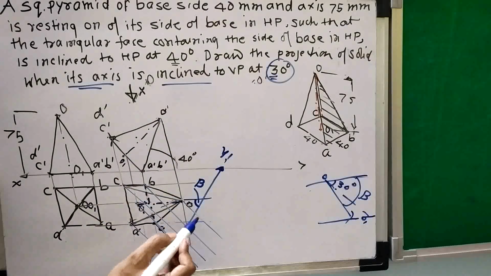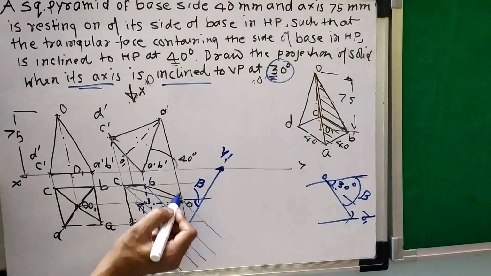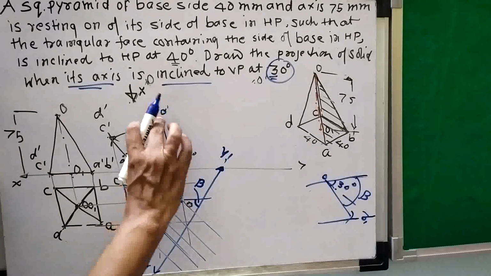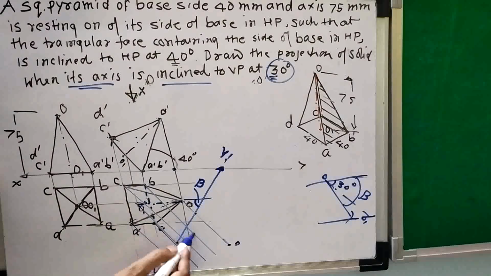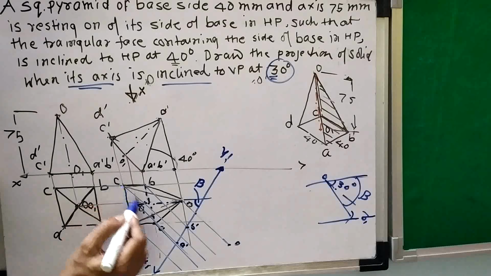For example, for O, I will take this distance in the compass and from this I will mark. So I will get O. A is on XY, so it will be on XY. So this is A dash. Then B is on XY, so this will be on XY, so this is B dash. Then C. Okay, so C is projected.